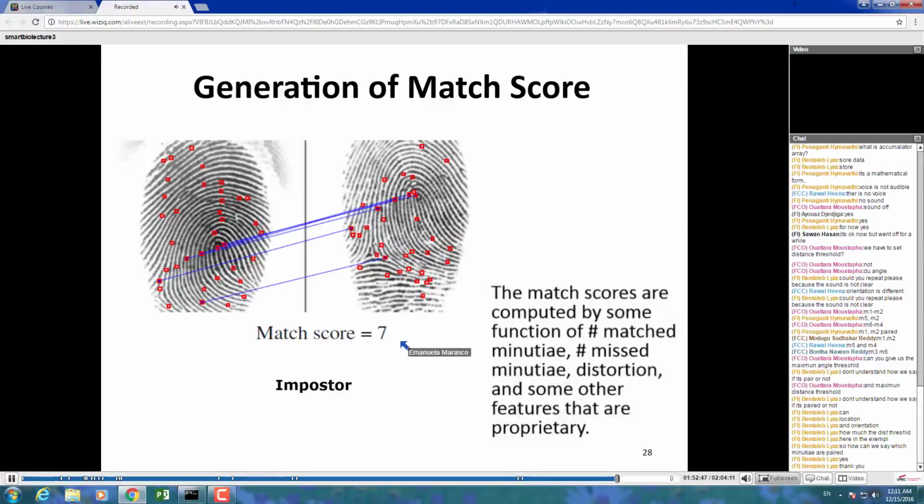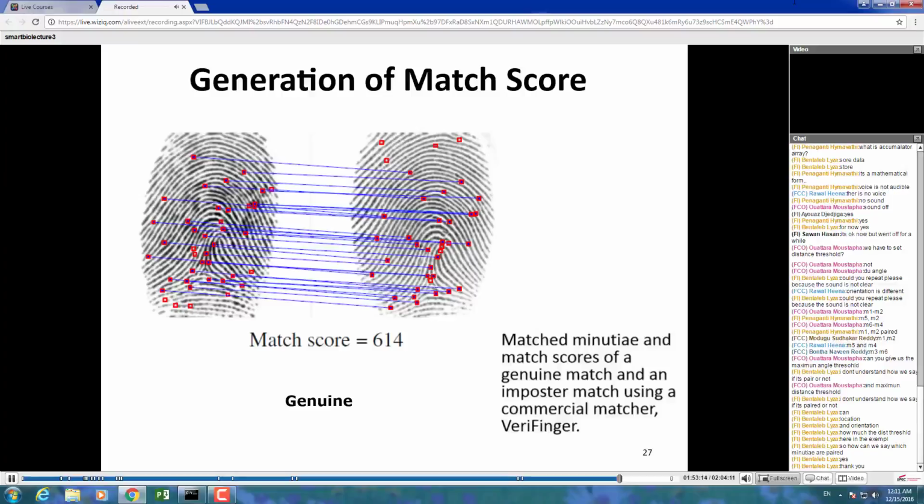So we don't know exactly what the threshold is. Of course, the specific value depends on the application, how many false acceptances you want to have, right? Generally this will be a genuine, and this will be the case of an impostor match.